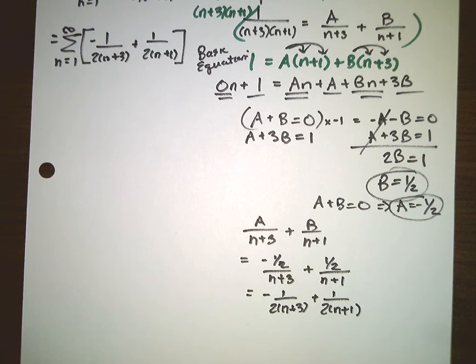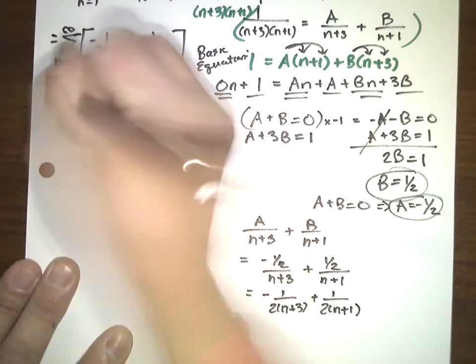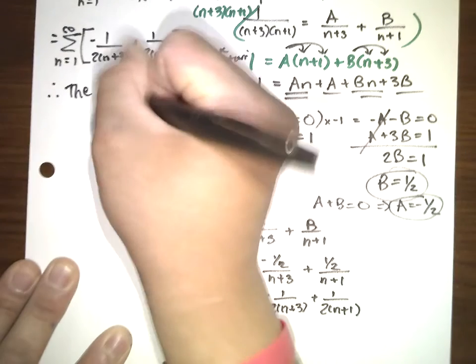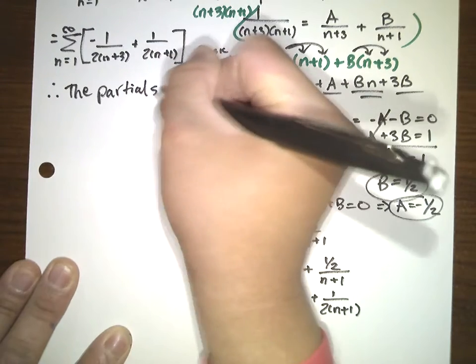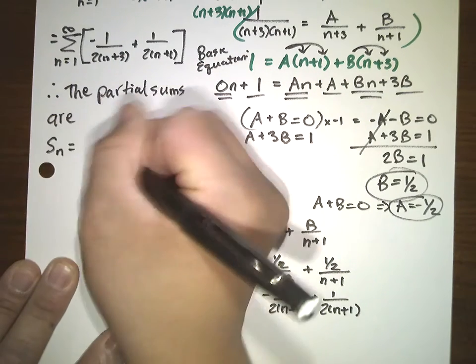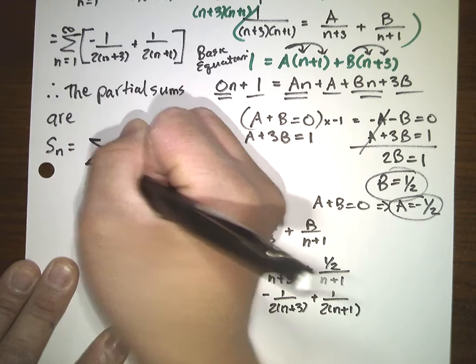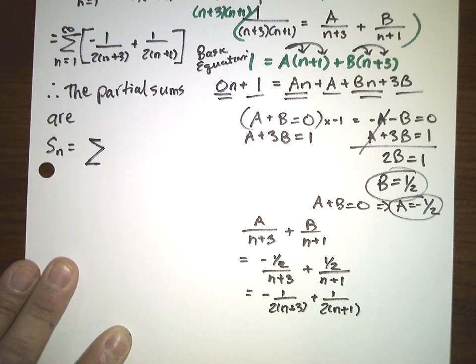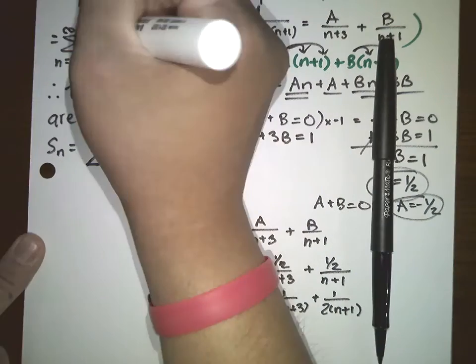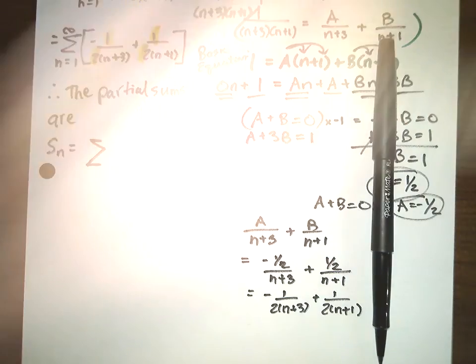strange way to do this, but if I look at this, then I know that the partial sums are going to be Sn is the sum. Well, one thing you can do though is I'm going to actually bring this 1/2 out in front.